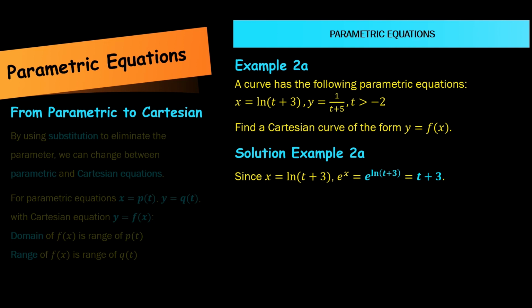And of course, since e is raised to the power ln of something, we have that e to the power ln of (t plus 3) is equal to t plus 3. And therefore, we have that e to the power x equals t plus 3. And rearranging this gives us t equals e to the power x minus 3.